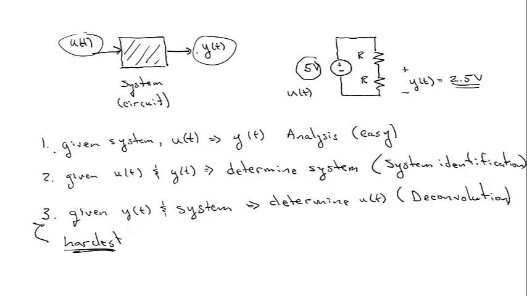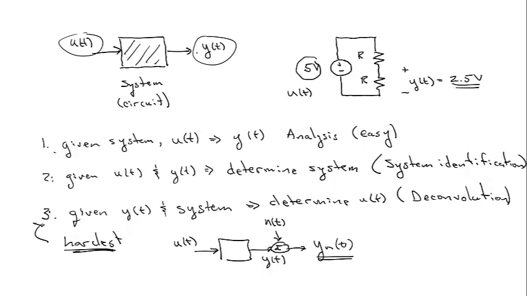And what makes 2 and 3 difficult is actually noise that gets put in anytime you make a measurement. So if you have your input to your system here, U of t, and your output is Y of t, you never get to actually see what Y of t is exactly, because you always add noise to the system when you measure something and you get some noisy output, say Y sub n of t.